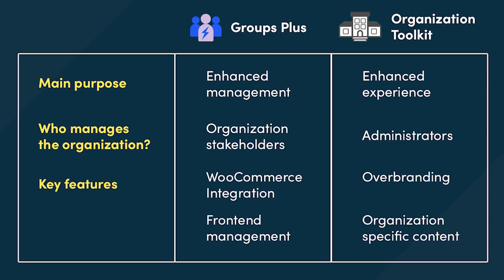So just coming into some of the key features. What you'll find is that some of the features of these two plugins are similar, and we'll have a look at those separately, but the key features are: Groups Plus has integration with WooCommerce, which means that organizations can not only self-manage their own users, but they can also buy licenses to do that.